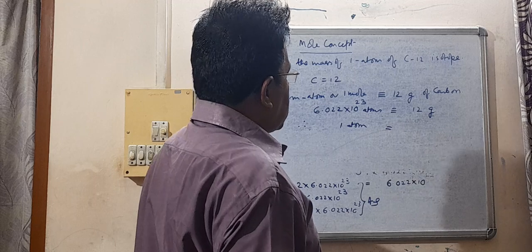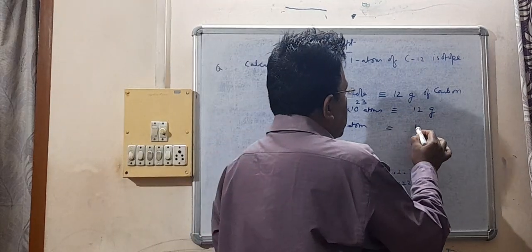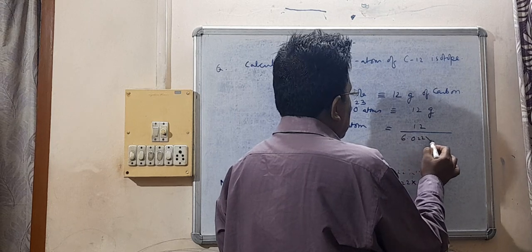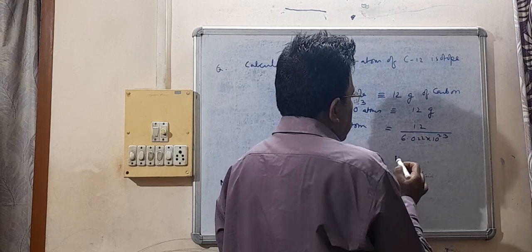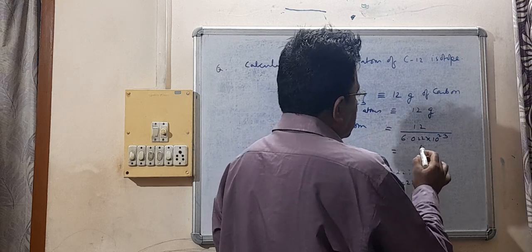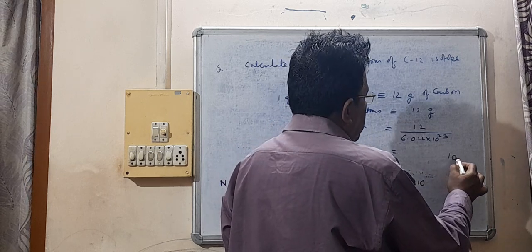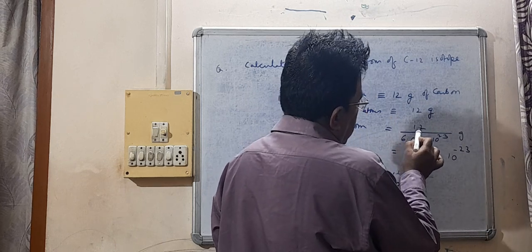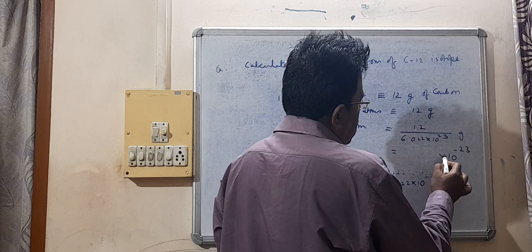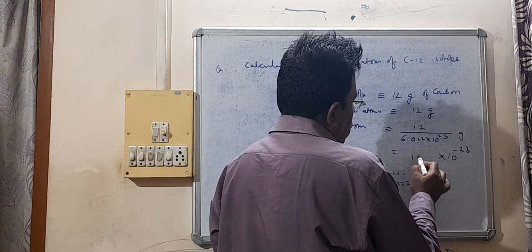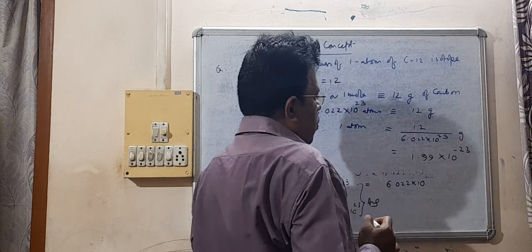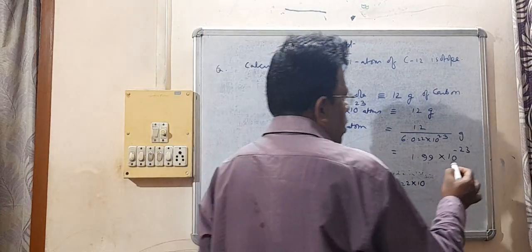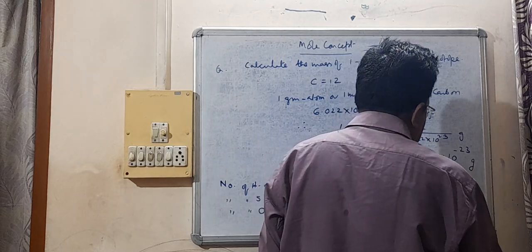So one atom will have mass 12 divided by 6.022 into 10 to the power 23, that is 10 to the power minus 23 if this goes up. And 12 divided by 6.022, if you simply calculate, you will get this much value: 1.99 into 10 to the power minus 23 grams. So this is the answer.